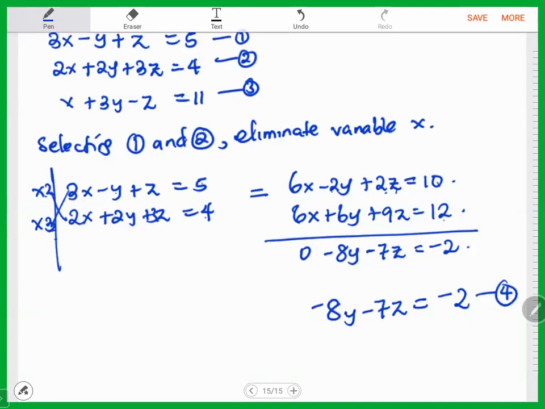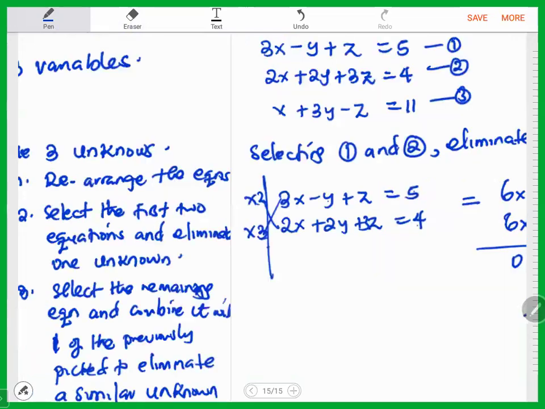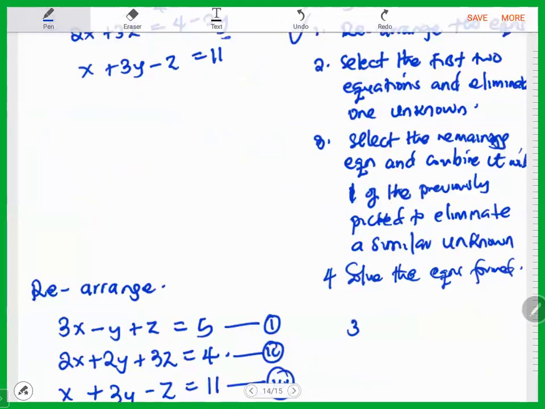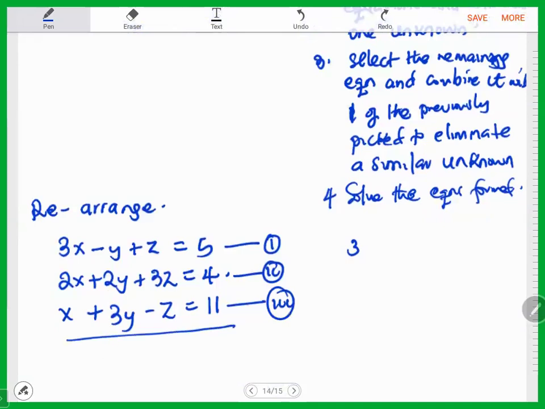At this point, step number 3: select the remaining equation and pair it with any of the previously used. You can pair it with the first one or the second one. Then eliminate the same variable which we eliminated in the first place, which was x.